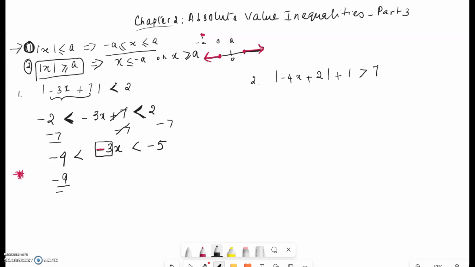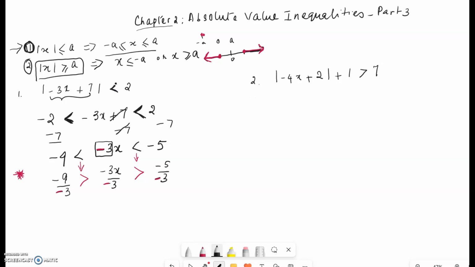So negative 9 over negative 3, negative 3x over negative 3, negative 5 over negative 3. But what's important here is the less than becomes greater than. The direction of the inequality changes because we've divided throughout by a negative number.